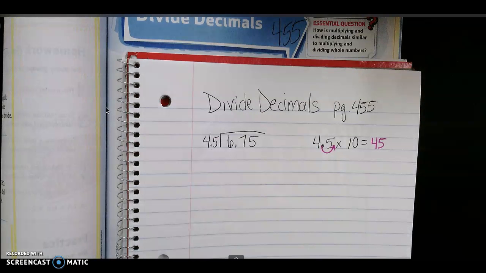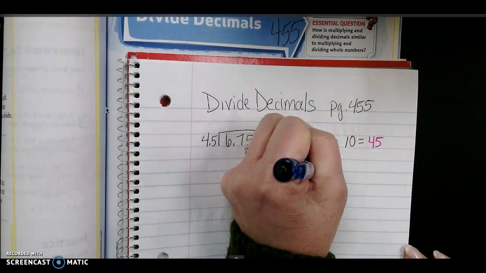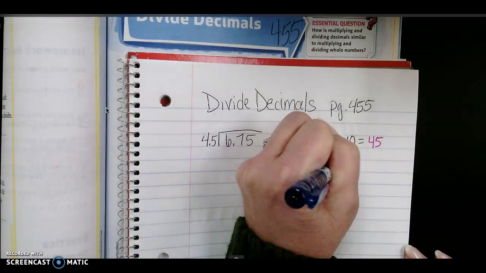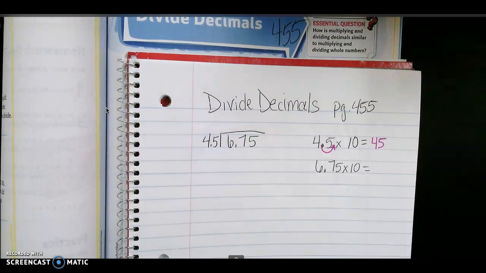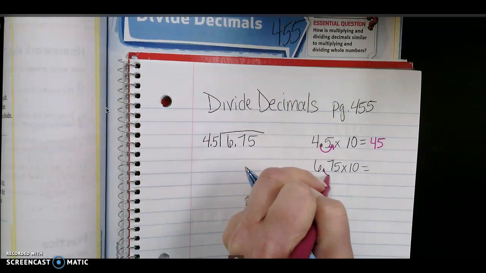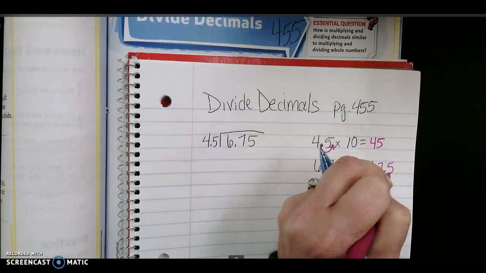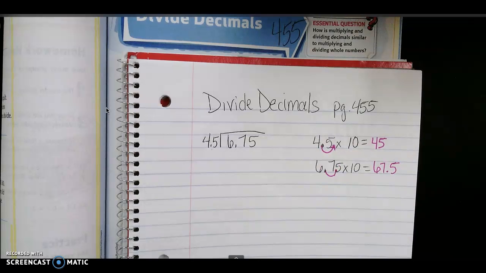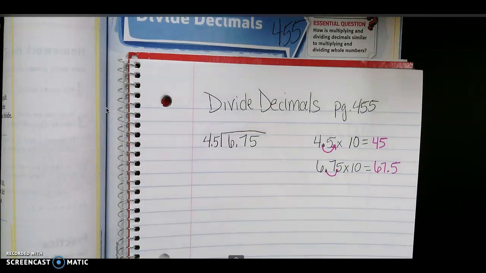If we do that to the divisor, we have to do it to the dividend as well. Times 10 would move that decimal one time, and that would give me 67.5. So then we would be dividing 67.5 by 45.